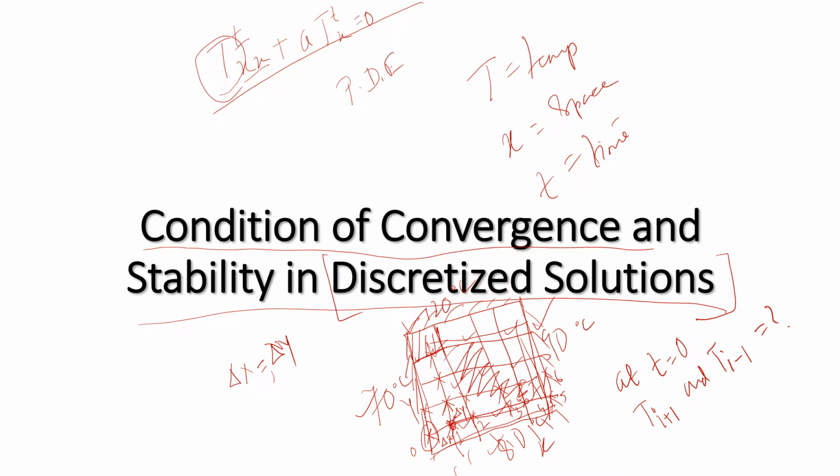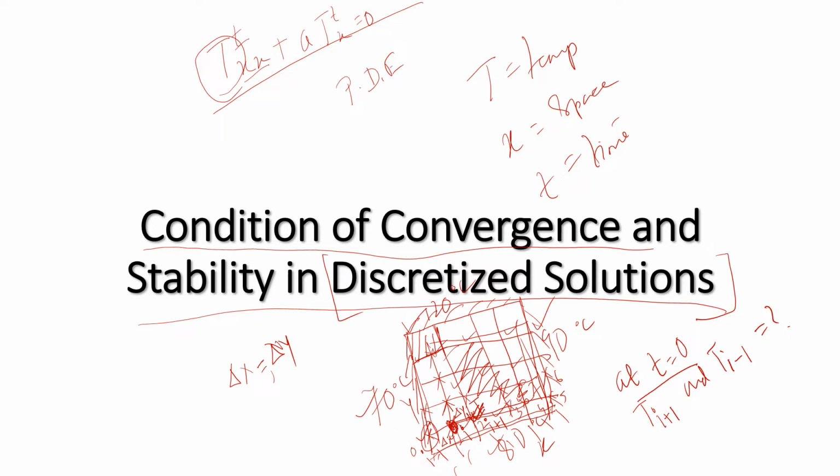And if I say this point is I, then with respect to this point, this will be I plus 1 and this point will be I minus 1. Now I want to know the value of temperature T at this point at t is equal to 0. So we have to solve the heat transfer equation and find the solution to find the temperature at I plus 1 and I minus 1.